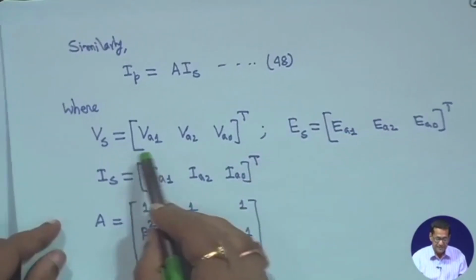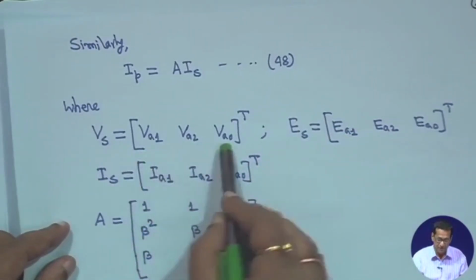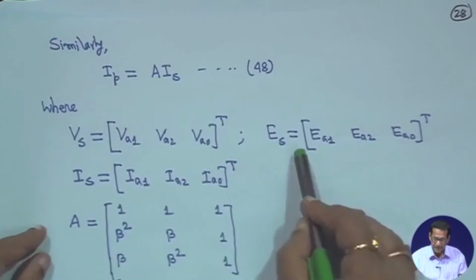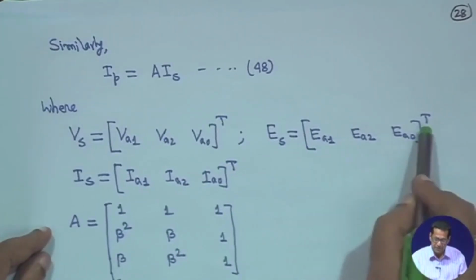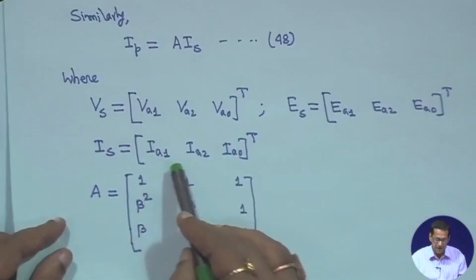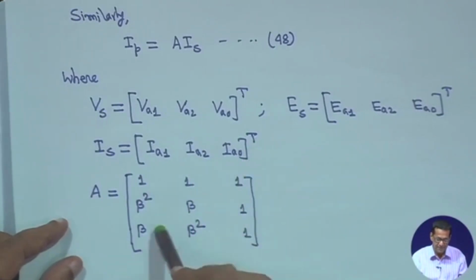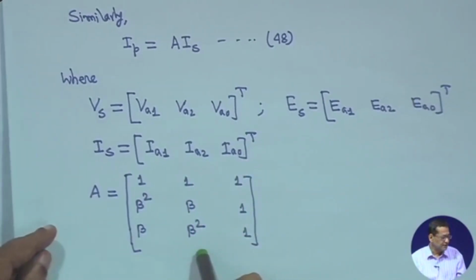That means Vs is equal to what we have seen before: Va1, Va2, Va0 transpose. Es is equal to Ea1, Ea2, Ea0 transpose, and Is is equal to Ia1, Ia2, Ia0 transpose. The A matrix we have already defined.